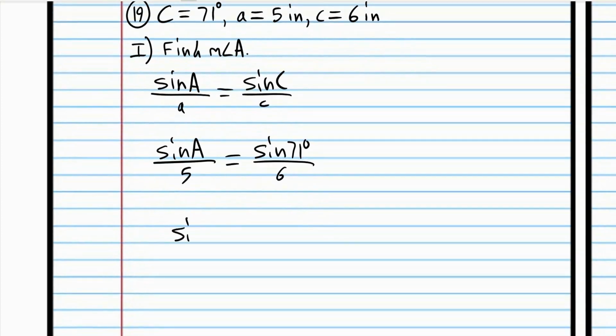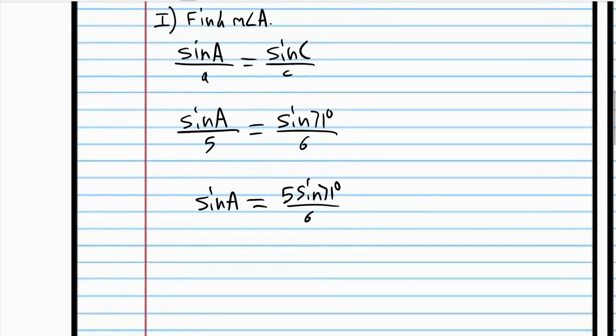So we're going to solve for sine A. And using the calculator, 5 times sine 71 degrees, enter, and divided by 6. And we get approximately 0.78793.